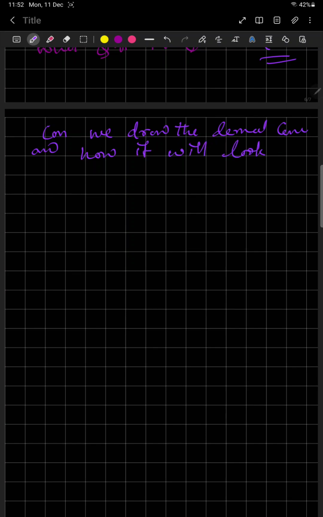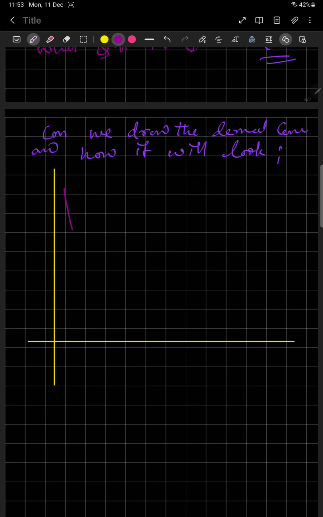Now can we draw the demand curve and how will it look? So if I draw, our demand curve will look like this.